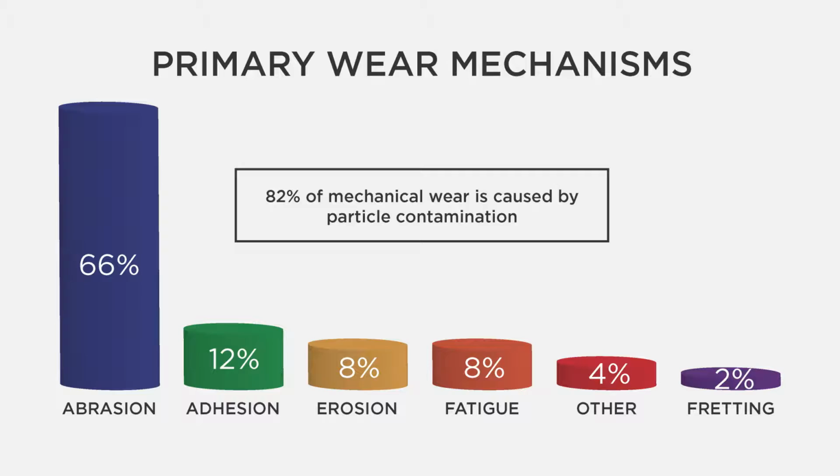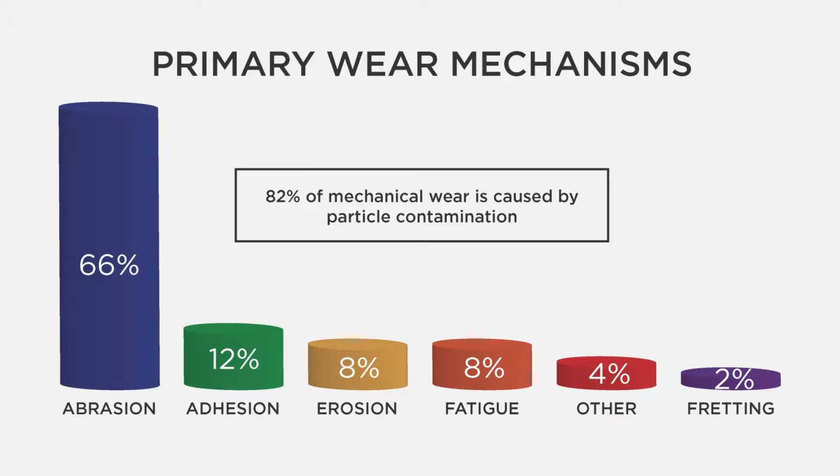Now, to understand the value of contamination control, we need to understand why machines fail. As it turns out, machines fail because they wear out. It's not the only reason that machines fail, but most failures are related to wear. And if we look at what causes wear, we find that most wear is related to lubrication, either mechanical wear or corrosion.